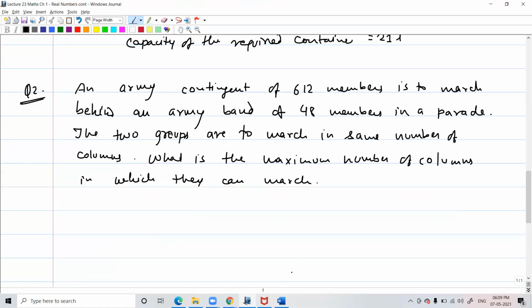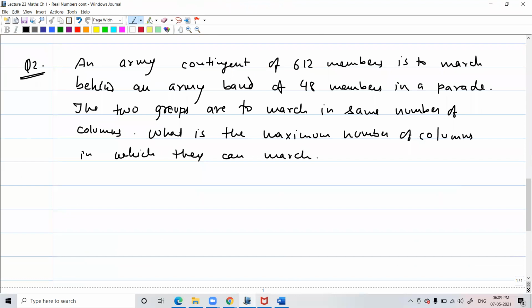Let's think about this scenario. There is an army contingent of 612 members and a band of 48 members. They have to walk in equal number of columns, so the maximum number of columns will be the highest common factor of these two.